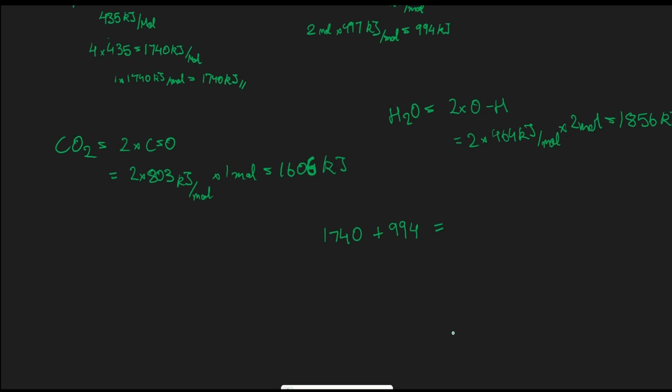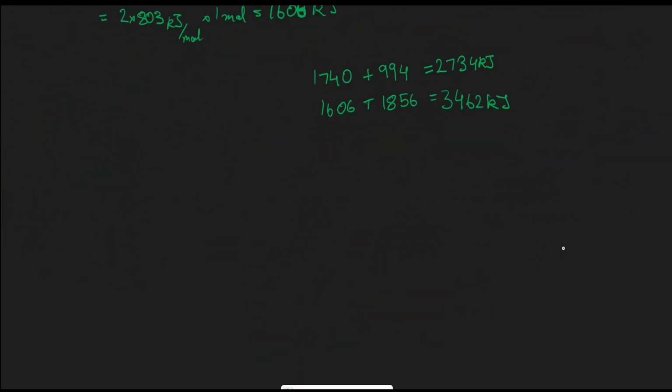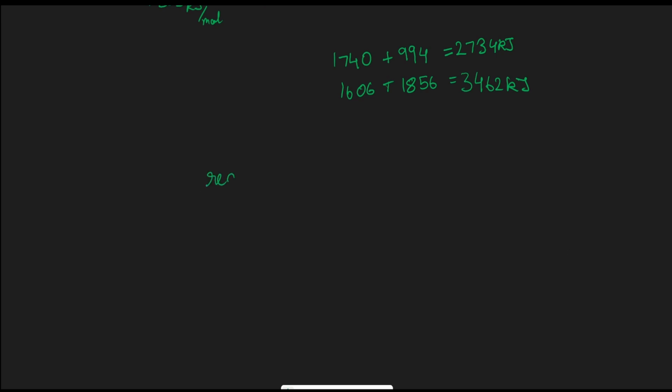And our products in this reaction are carbon dioxide and water. So that's 1606 plus 1856. And when we add these up, using our calculator, we get 2734 kilojoules for the reactants, and here we get 3462 kilojoules for the products.